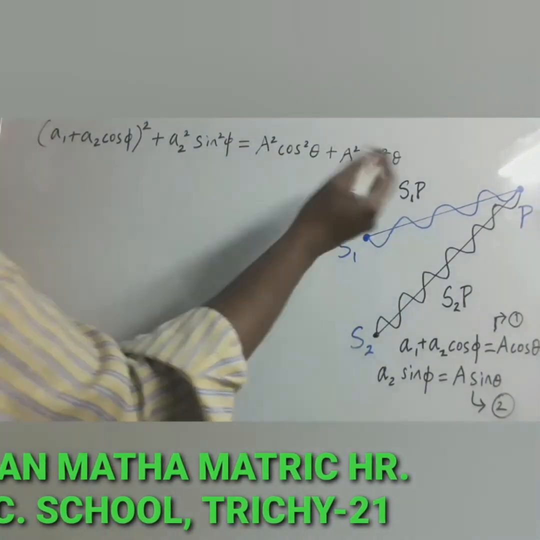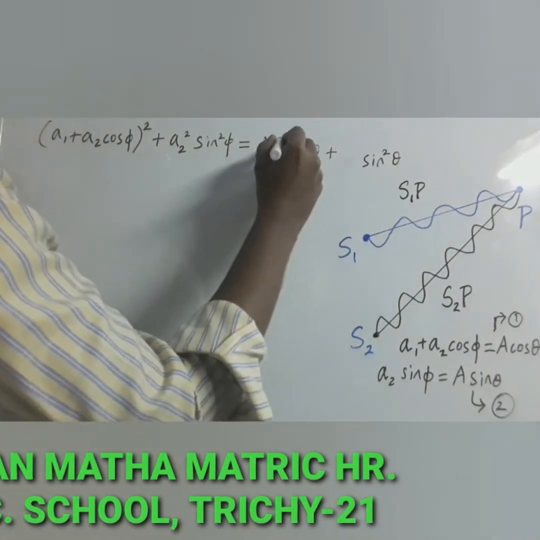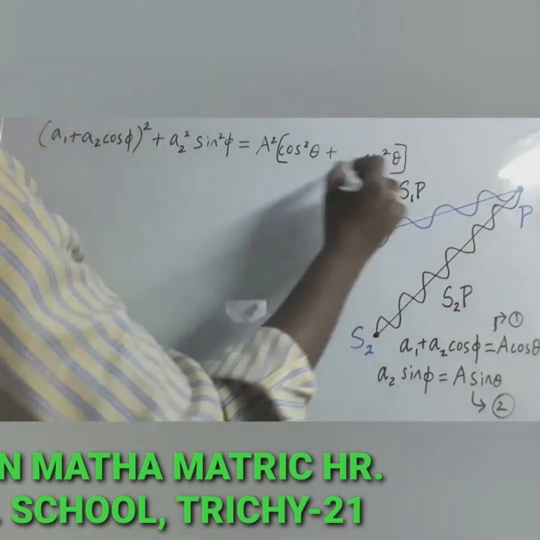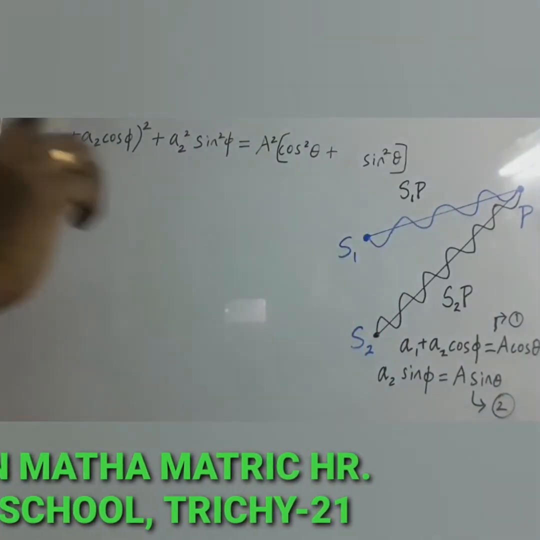Here A squared is common and can be taken outside. So in this expression, cos squared theta plus sin squared theta is equal to 1.